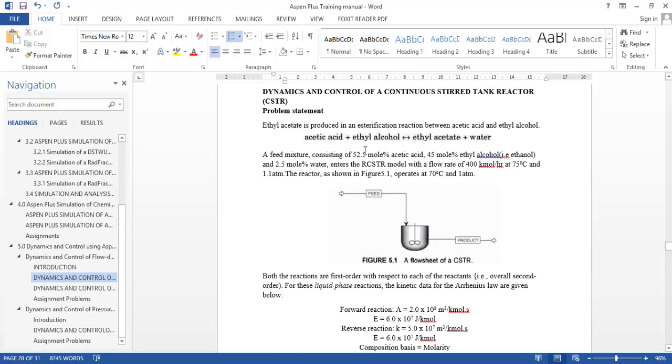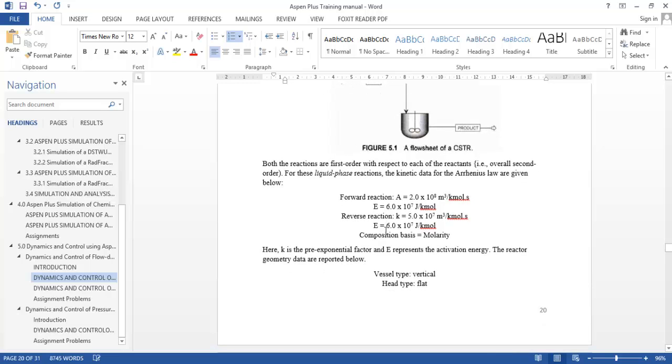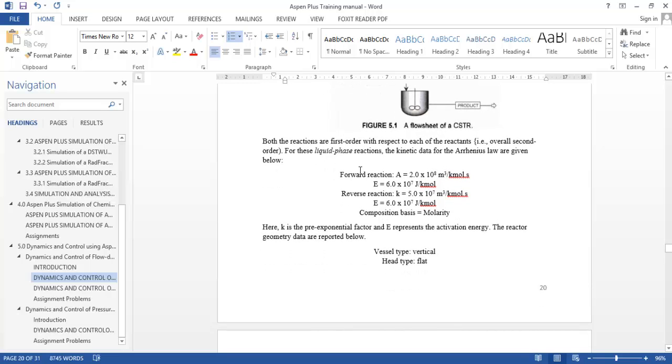And we have the steady state parameters. I'm sure you are familiar with how to model a CSTR from our previous tutorial, and these are the kinetic parameters. I won't take much time on the explanation of that.